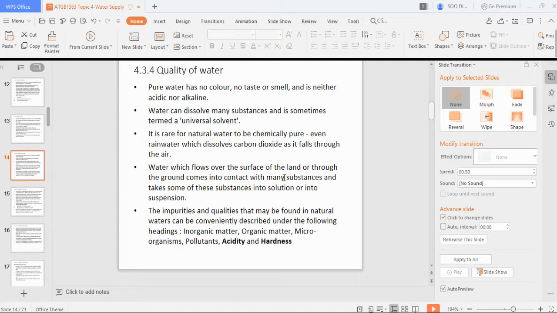So now that we have learned a bit about the water cycle and our sources of water, where we can obtain our water from, we have to know about the quality of water.